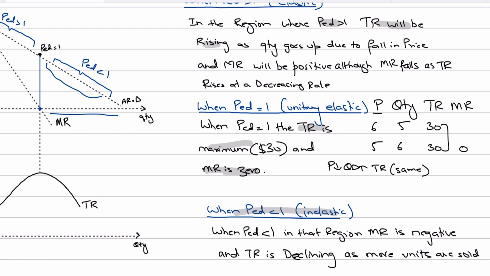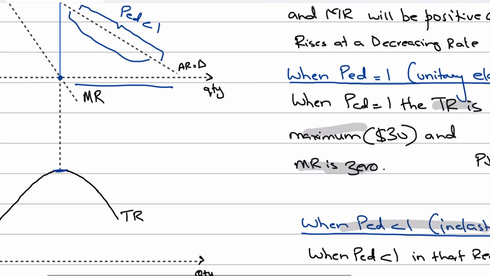However, once your marginal revenue becomes negative and hence your average revenue is inelastic in that range, total revenue will fall, right? And the peak of the total revenue curve will be where your marginal revenue equals 0, and at that point the price elasticity of demand would be equal to 1.